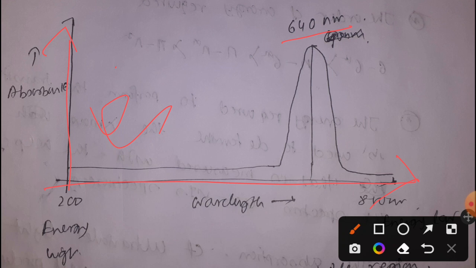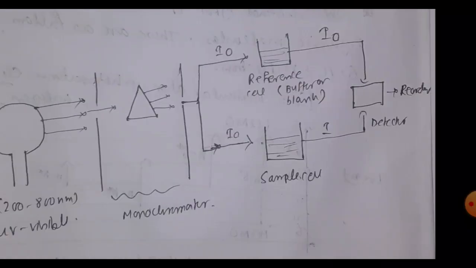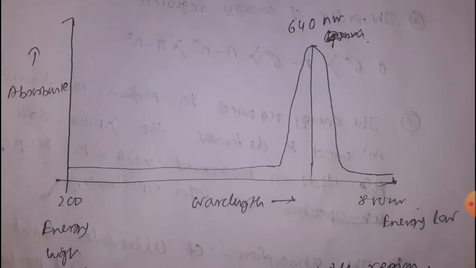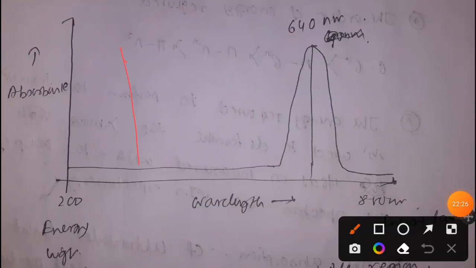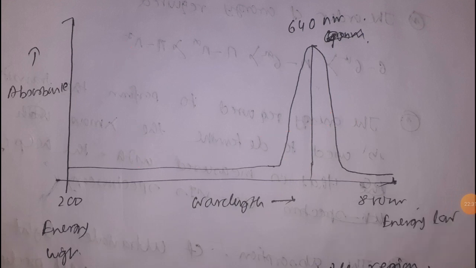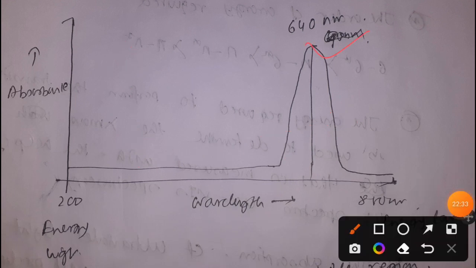And after detection with UV visible spectroscopy we have obtained a result that contains an additional peak. Here we have observed only one peak, but our sample of interest that we are examining contains one extra peak. What does it mean?